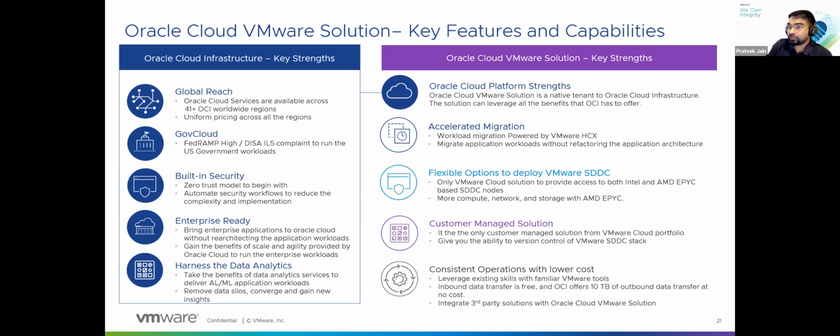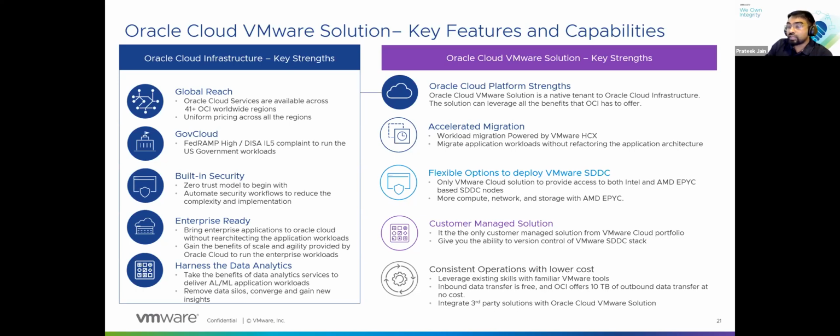You have HCX to migrate your workloads from on-premises to cloud. You have Site Recovery Manager to build disaster recovery on cloud. You can use any other solutions as well, like Veeam, Zerto, any integrations that you have done as of today, which are outside of Site Recovery Manager. You can use that with OCVS SDDC as well to build a disaster recovery solution.